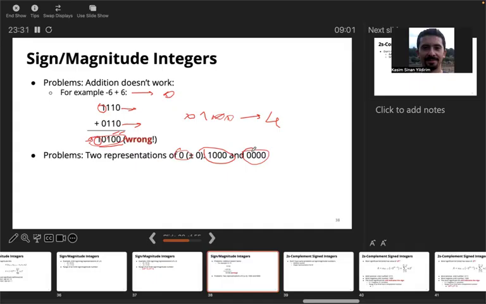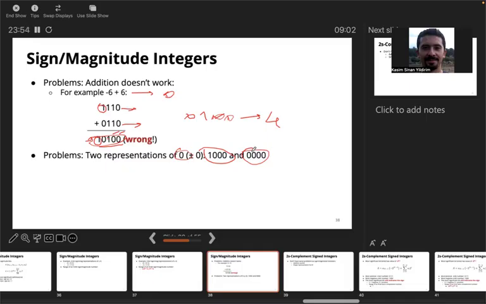It is also an ambiguity, not something that we would like to have. Intuitively, this representation does not work very well, especially if we consider arithmetic operations. So we need something that makes more sense, that works with arithmetic, that doesn't create these ambiguities. Okay, so what is the solution?